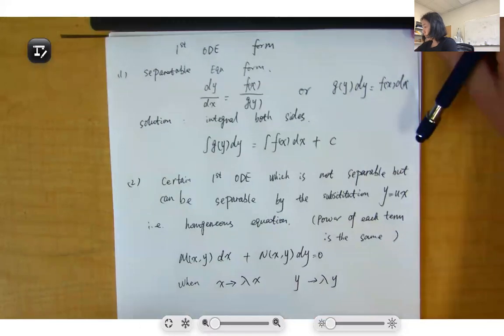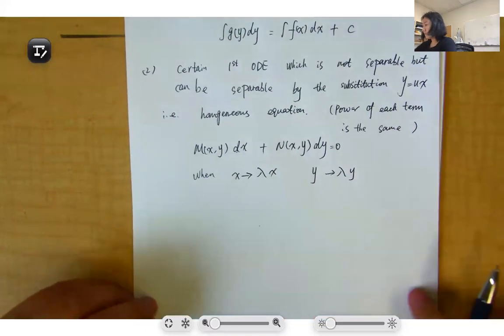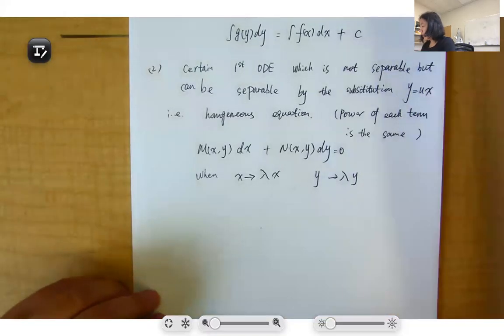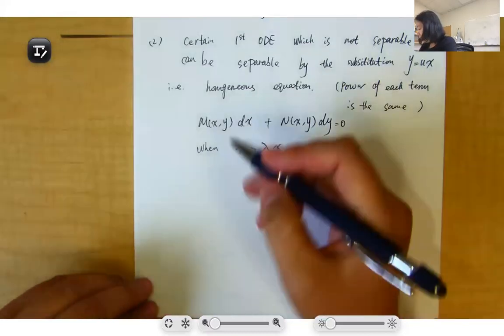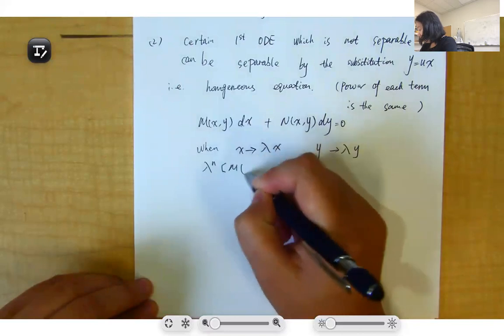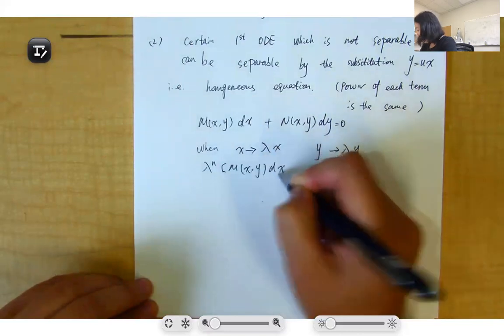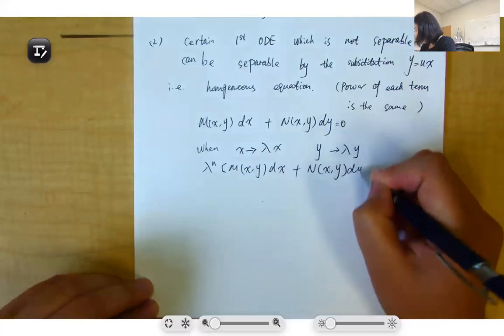we can rewrite this ordinary differential equation with lambda to the n power, M(x,y) dx plus N(x,y) dy equals 0.